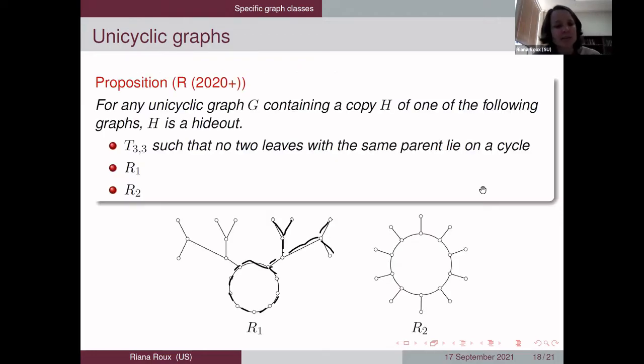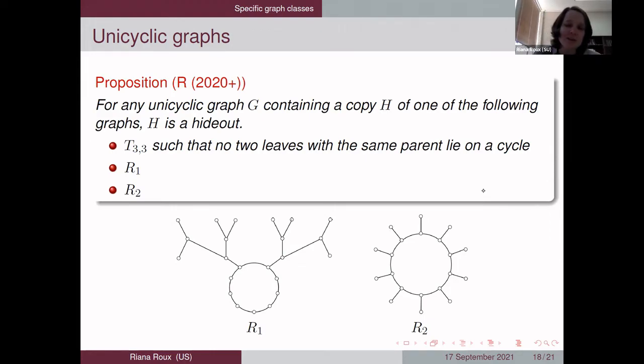That's our current work. So we've managed to show that a hideout for the robber in a graph can be one of the following 3 things. The graph T33, such that no 2 leaves with the same parent lie on a cycle.